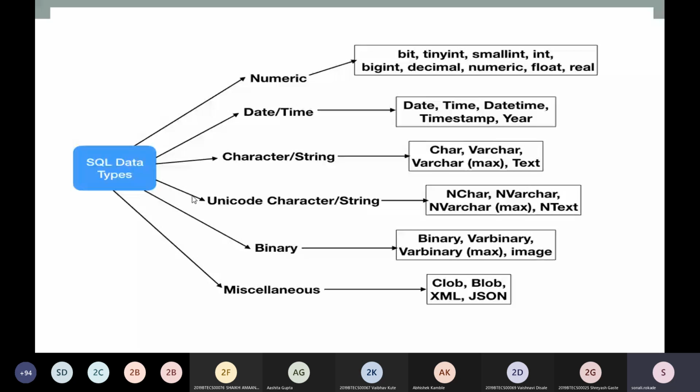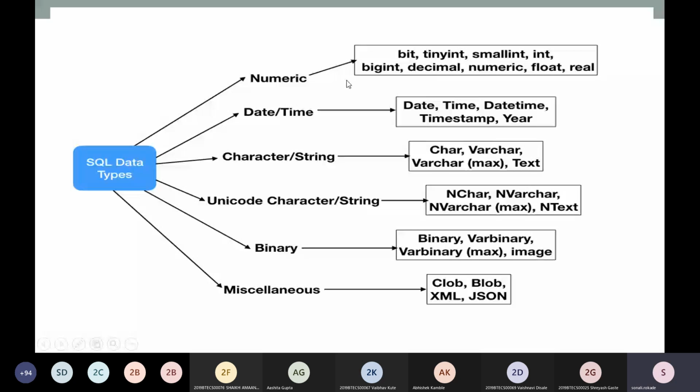Have a look here, that is the numeric one. In that you can have bit, tiny integer, small integer. All these are data types on which we are not working, but you must know. If someone asks what is tinyint, it is part of the numeric SQL data types.